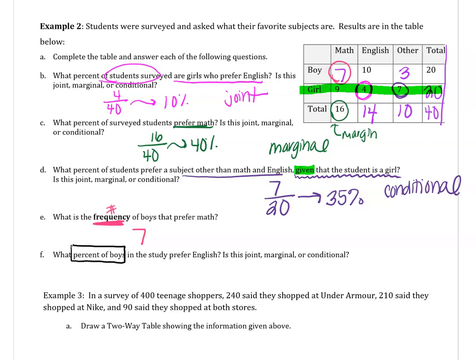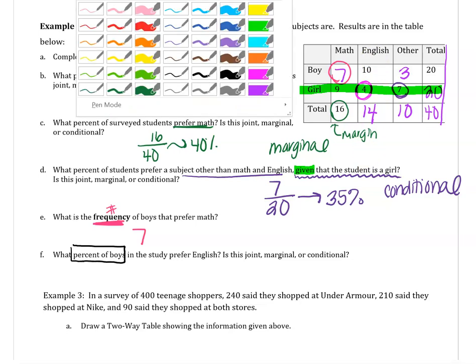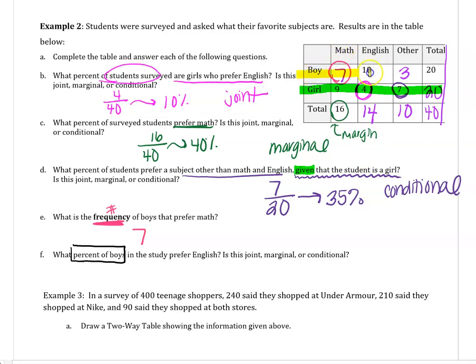So of the boys, which there are 20 of them, I can see that, not 3 of them, we're talking about preferring English, I can see that 10 of them prefer English. So again, what percent of boys, as opposed to what percent of students.